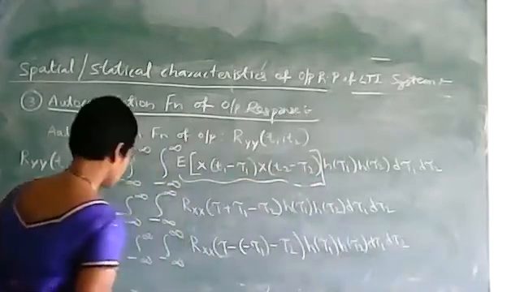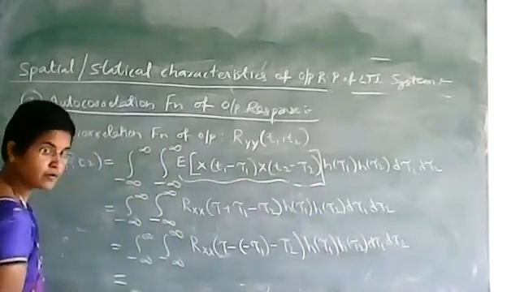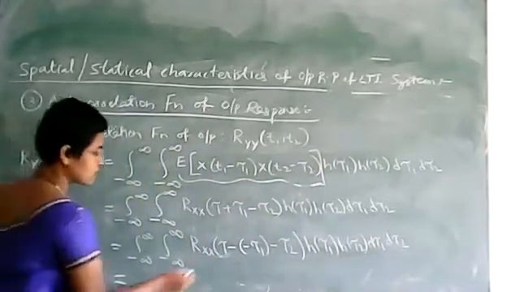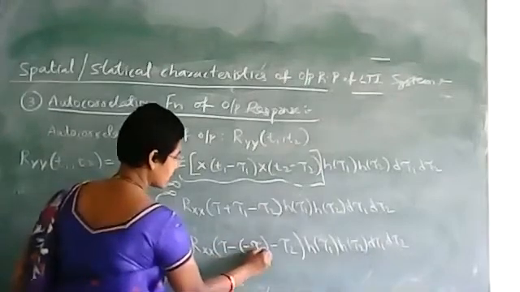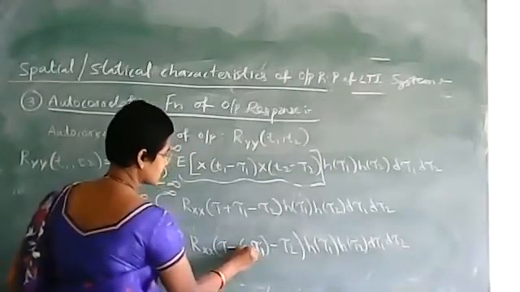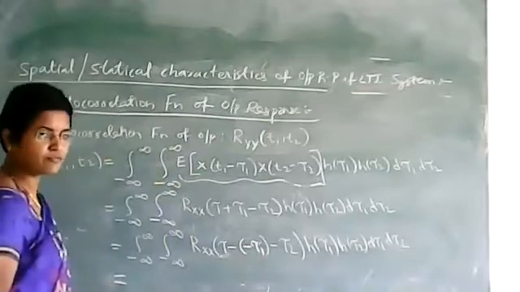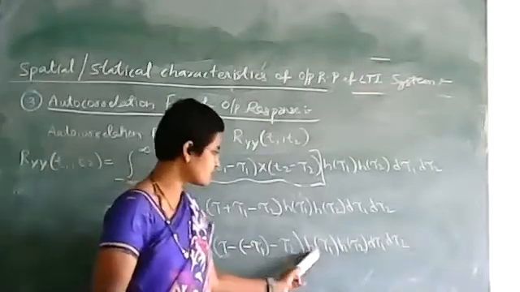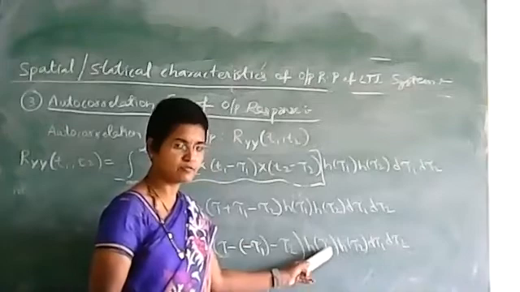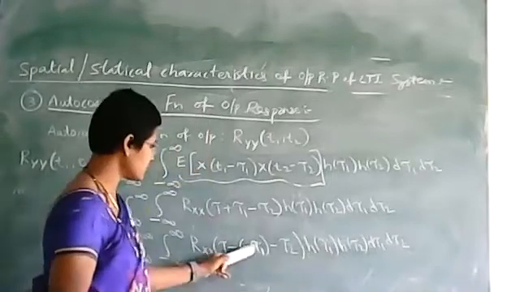So this can be written as a convolution of three terms. Here you see for tau 1 we have a minus sign. So for one of these, h of tau 1 will have a negative sign because of this negative sign.